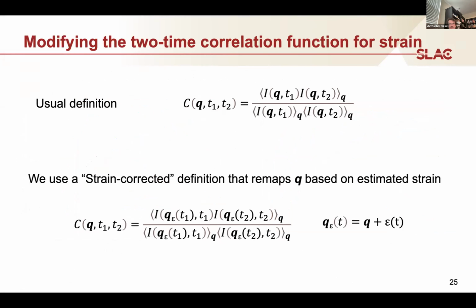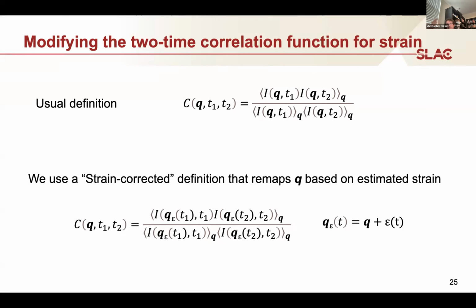So I've told you that the sample itself is actually expanding and contracting, and this film thickness is changing. How are we going to deal with that with the two-time correlation function? Very practically, you could ignore it if you wanted to, but that is certainly going to affect your correlation measurements.